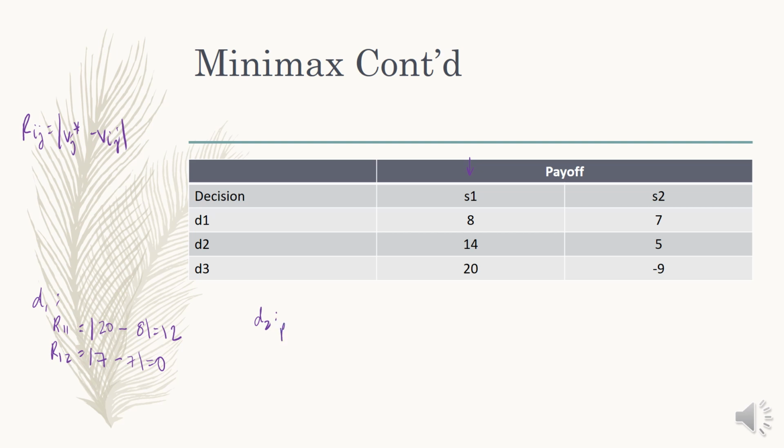Now for D2, we're going to have R21 and R22. For R21, that's the maximum in state 1, which we already know was 20, minus what the payoff would be if you chose 2, 1, which was 14. For the next one, it's the maximum in state 2, which was 7, minus 2, 2, which was 5.